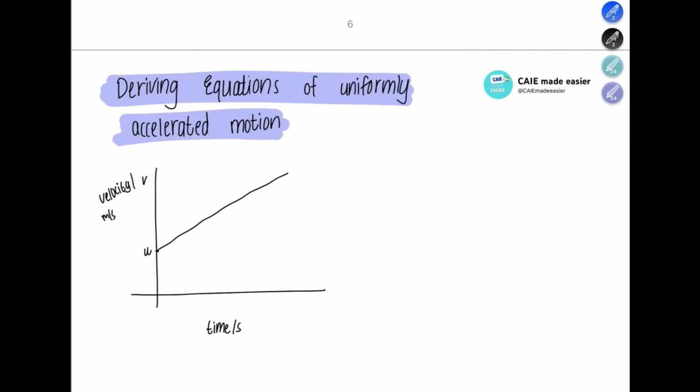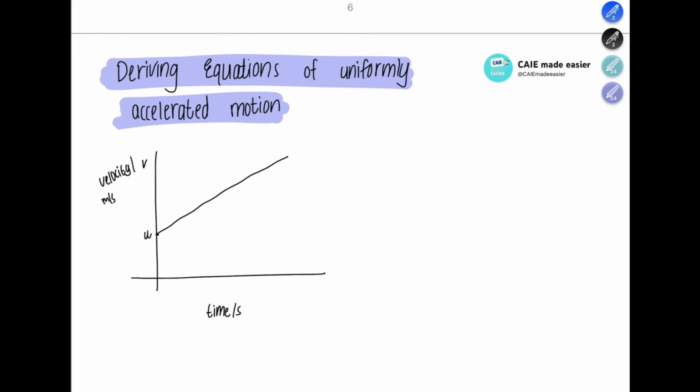Alright, now let's derive those big four equations of motion that we just studied from this graph. As you can see, this is a velocity time graph. There is uniform acceleration starting from u. This is the initial speed. After some time, it reaches v, which is the final speed. Now, if you want to write the acceleration from this graph, remember acceleration equals delta v divided by delta t.